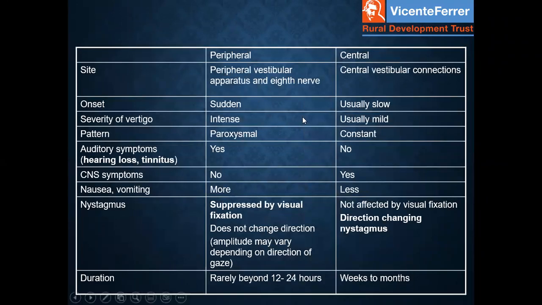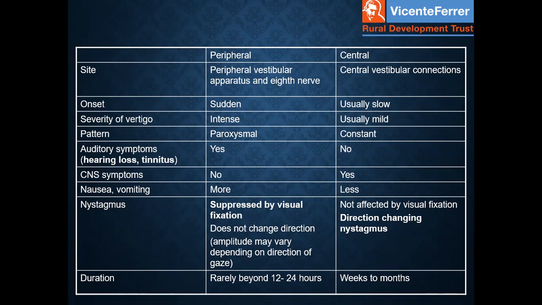So these are some differences between central vestibular lesion and peripheral vestibular lesion. But one most important thing to remember is that in central vestibular lesions, there will be associated findings. Central vestibular lesion means it is a brainstem disease, so near the vestibular nuclei, other brainstem structures will be involved.